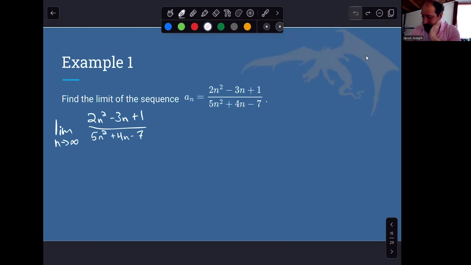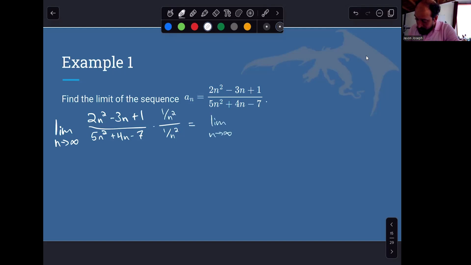I'm actually going to do it a different way. I'm going to take the highest power of n that occurs in the denominator, which is n squared, and divide by that in the numerator and the denominator.